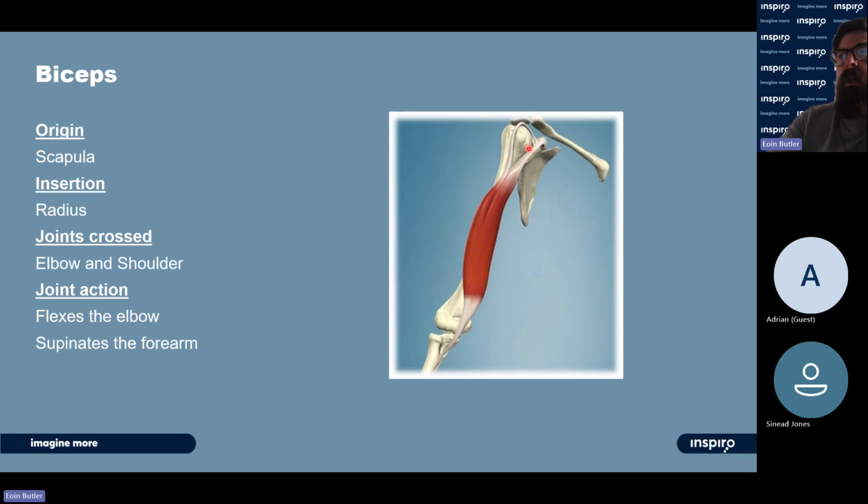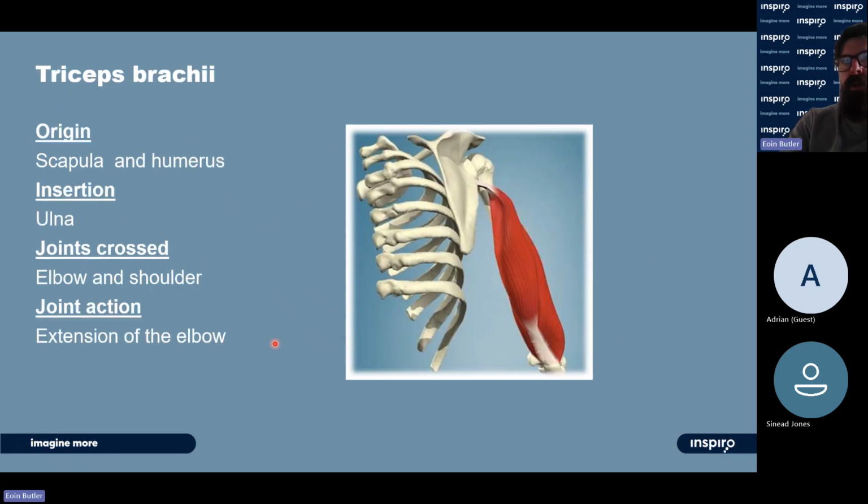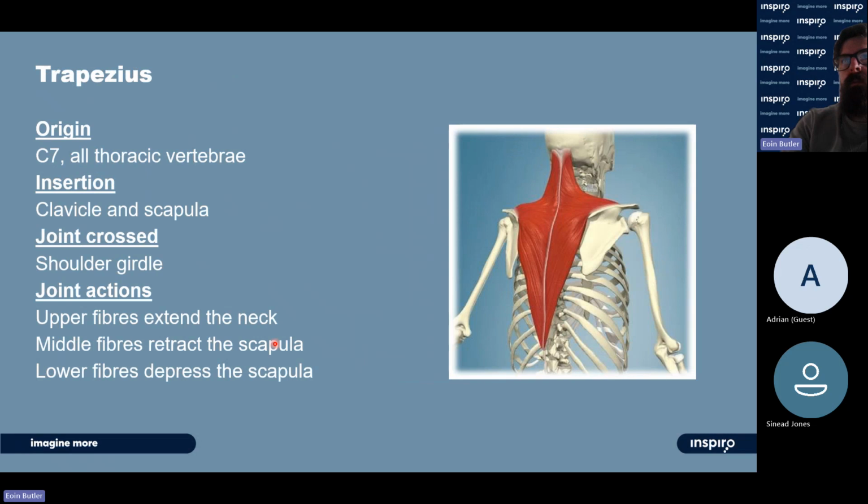I've put in a picture of the muscle itself, the origin, the insertion, the joints crossed and the joint action. As I said, you don't need to know the origin and insertion, but it's interesting to know what joints it crosses and what joint action occurs when it contracts concentrically, when it shortens. I'm not going to go through every one of these, but you can see what I've done with each one.